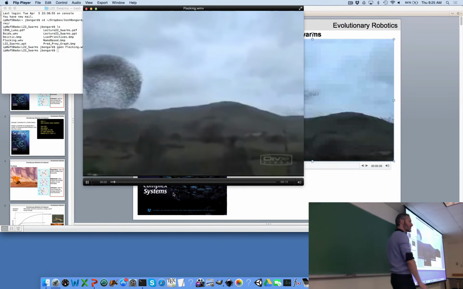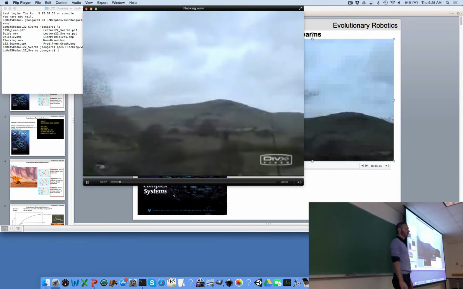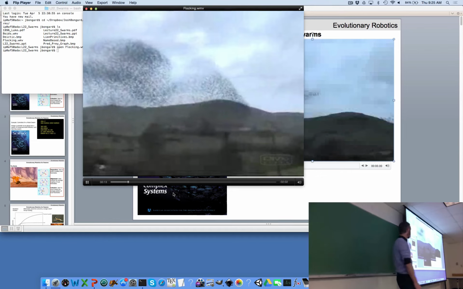Any ornithologists here? Anybody know what this bird species is? So these are starlings, one of nature's best swarmers.